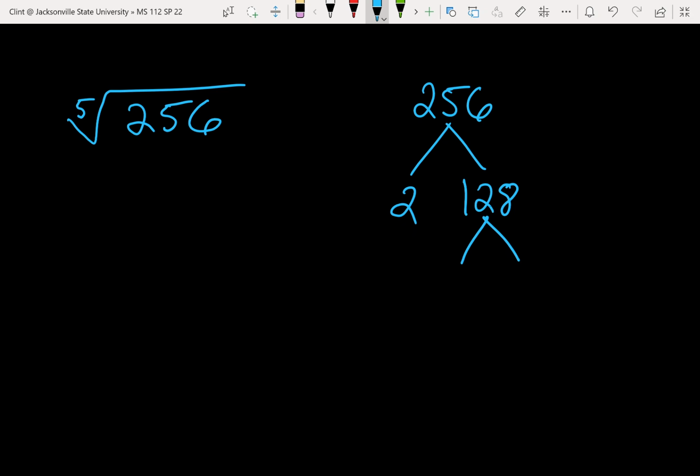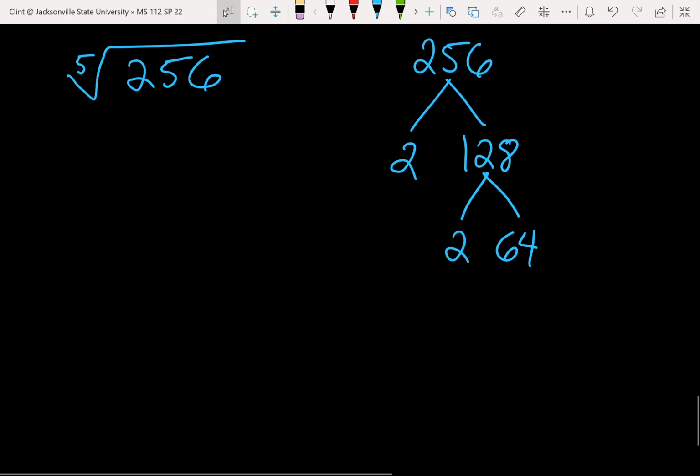128 is even again, so we can divide it by 2 again. So that's 2 times 64. The factor tree gets a little messy on this one because I picked something with all 2s. 2, 32.